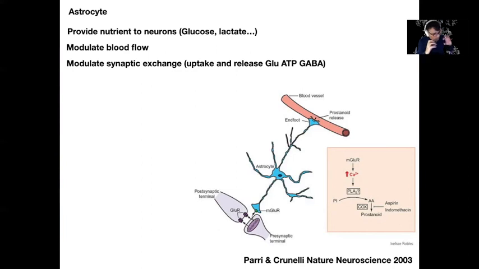And through this modulation at three levels, where they can feed or starve a neuron, modulate the blood flow, that will also feed the neuron, but really change the communication between neurons by uptaking or releasing glutamate, ATP, or GABA, they modify the very functioning of the human brain.